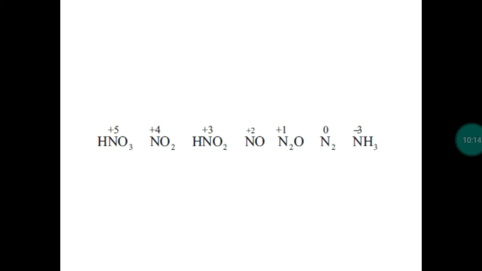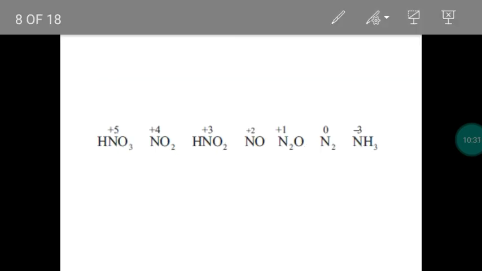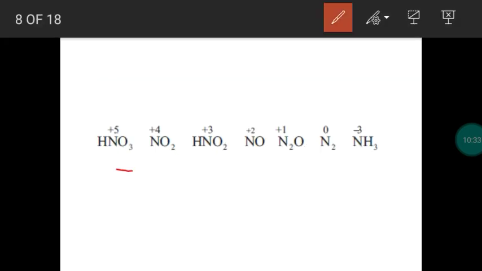As I told already, nitric acid will undergo reduction so that it will induce oxidation on another substance, and it acts as an oxidizing agent. If you take nitric acid, what is the oxidation state of nitrogen? Plus 5. So when nitric acid is added to metals, it will undergo a reduction process and induce oxidation on another substance.